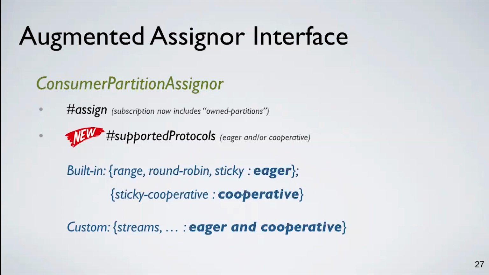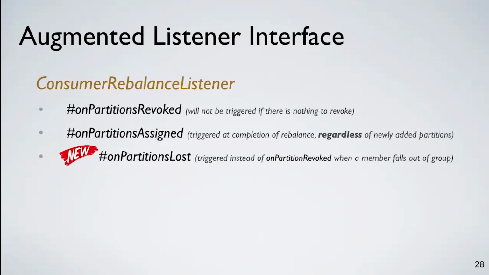In addition, we actually augmented the consumer rebalance listener, and there are some semantic changes to how these callbacks are invoked. So previously, on partitions revoked would just be invoked at the beginning on all the partitions, and the opposite for on partitions assigned.